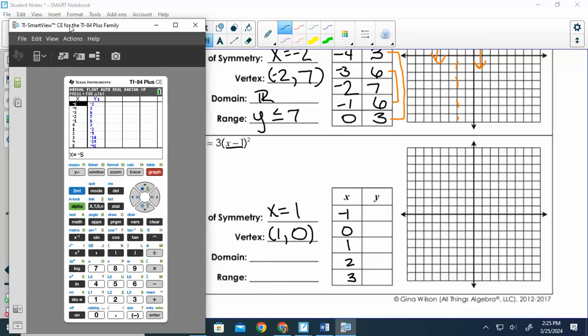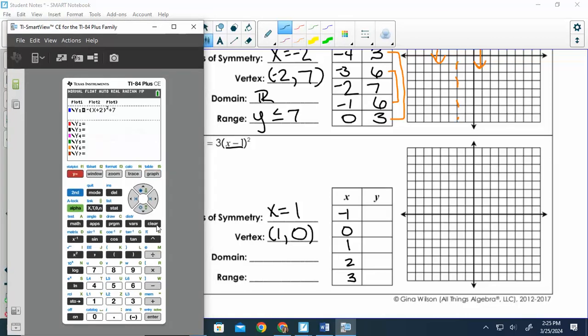We go to our y equals, clear to get out what's there. 3 parentheses x minus 1 squared. Look at our table. (1, 0): you can see it's going down, then going up, so it changes direction there.